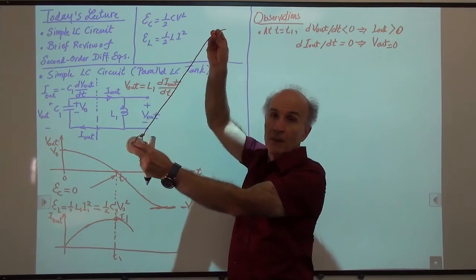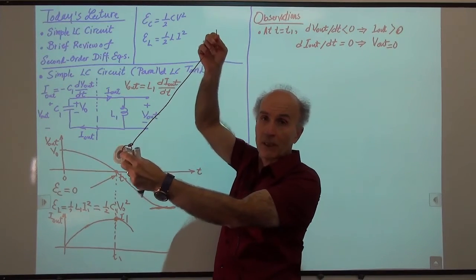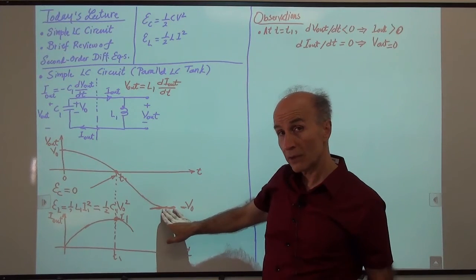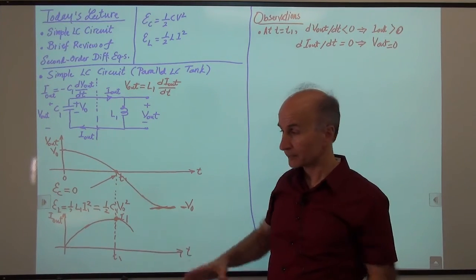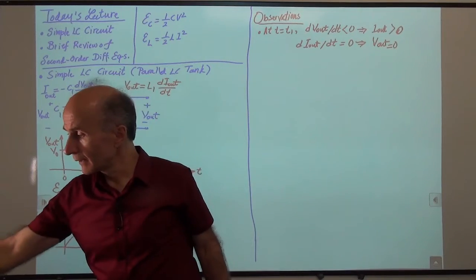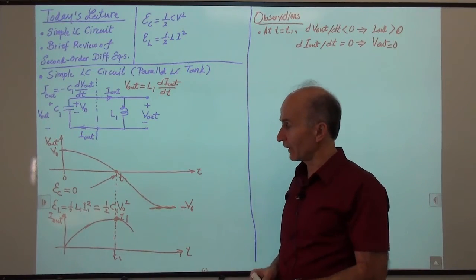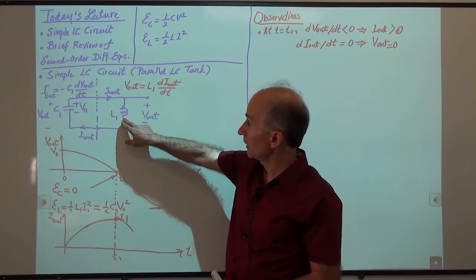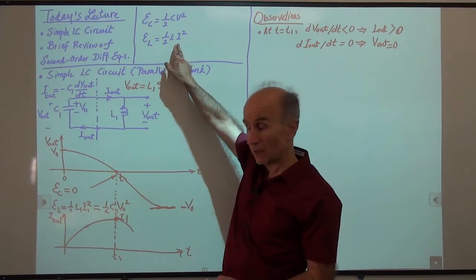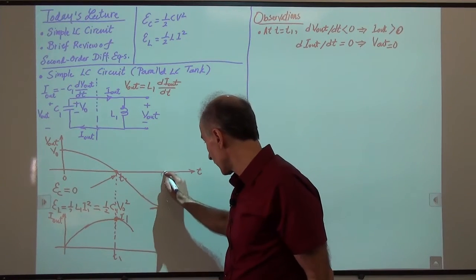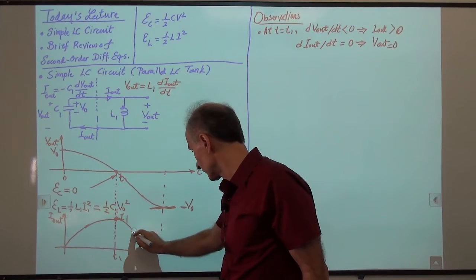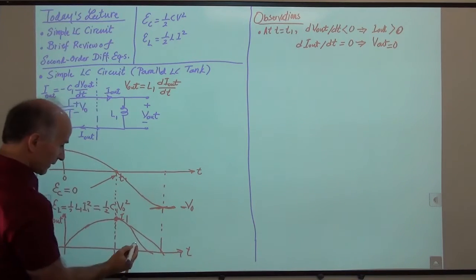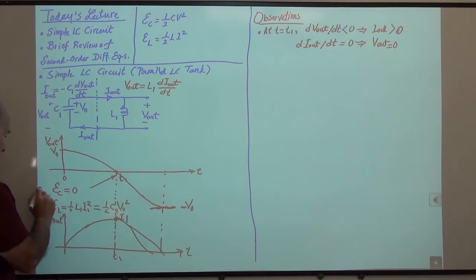And when it's over here, we have gone back to all potential energy, meaning we have gone back to all the energy on the capacitor, no energy in the inductor. So if there's no energy in the inductor, what should we say about I out? Well, because the energy in the inductor relates to I out, I out has to be 0. So I out goes and reaches 0 right here. Okay, let me erase this part here.